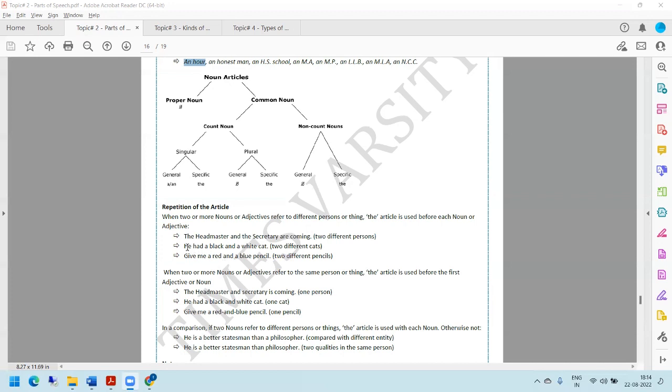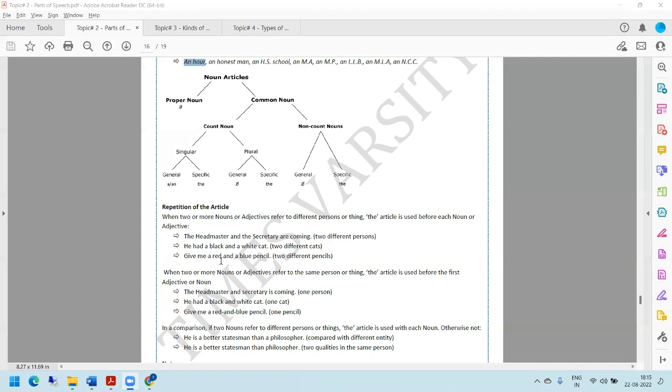Because in this sentence, we are talking about a general black and a general white cat. If we were talking about a particular black cat and a particular white cat, then it should be "he had the black and the white cat". Here we are talking in general. And black and white start with a consonant sound, that's why "a" is used. This is how you need to analyze.